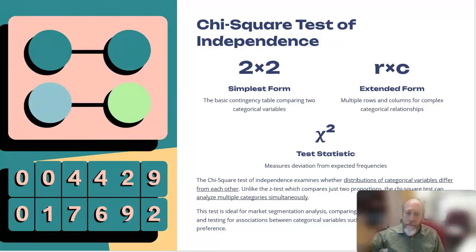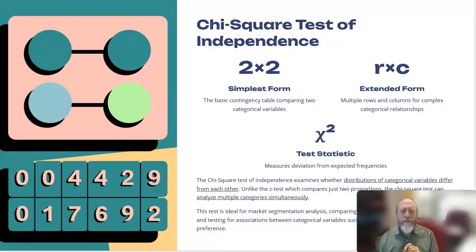It can obviously be used for comparing two categorical variables. But the beauty of this is that it's able to work with more complex categorical relationships. In other words, more categories, where you can measure any deviation from something that's expected. So it's nice in that it can analyze multiple categories of something simultaneously.